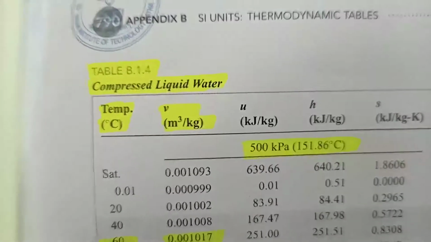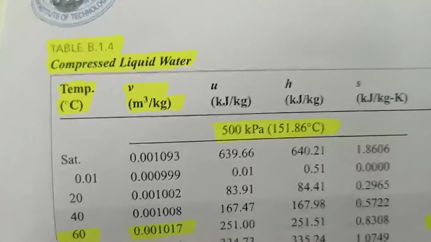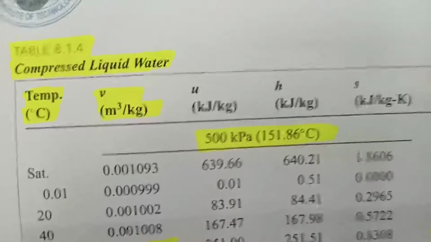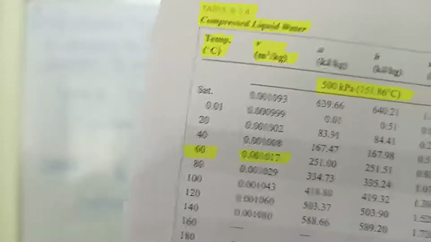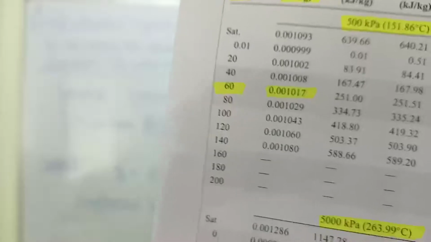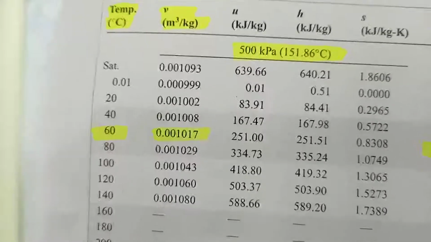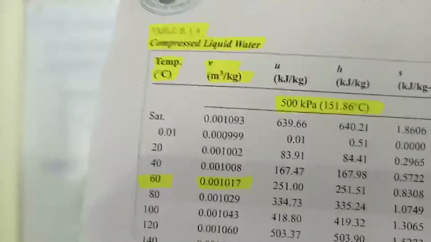The respective properties are given. Here we are interested to understand the pressure at which our compressed liquid specific volume will be 0.0010063 meter cube per kg, and again the temperature will remain constant.